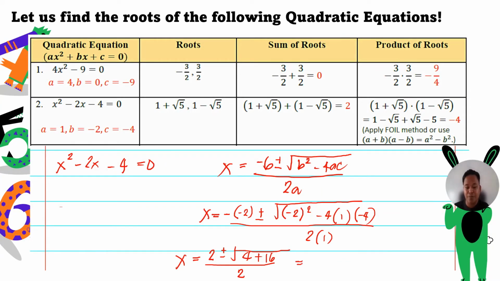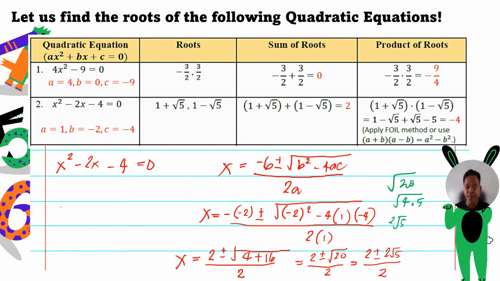Then, simplify what is inside the radical sign. So, 2 plus minus the square root of 20 all over 2. Simplify again. The factors of 20 with a perfect square are 4 and 5. The square root of 4 is 2, so we have 2 plus minus 2 square root of 5 all over 2.